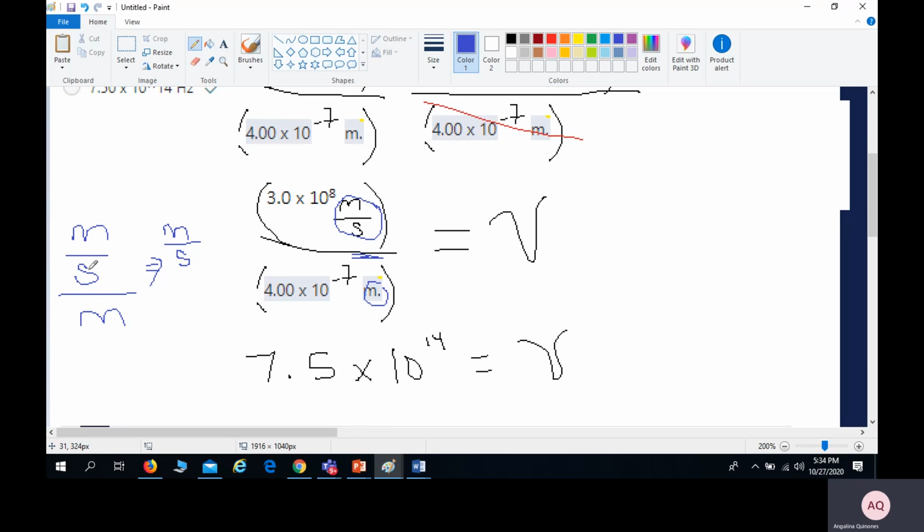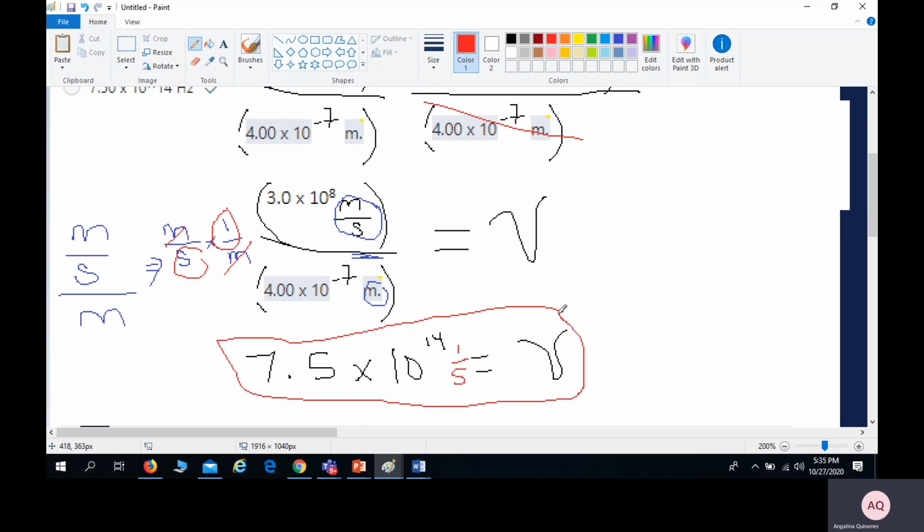So we're going to keep the top, we're going to change division to multiplication, and we're going to flip the bottom. So instead of meters, it becomes 1 over meters. At this point, you can see meters is at the top, meters is at the bottom. What you're left with is 1 over seconds. So your unit is 1 over seconds. And that is the correct unit for frequency. So this would be the correct answer for number 1.